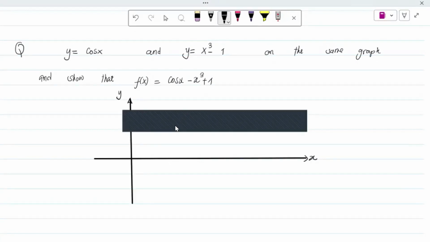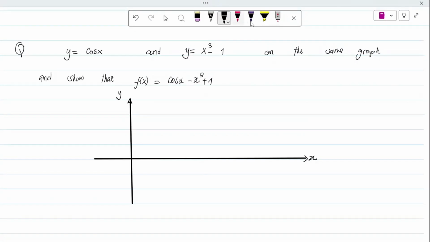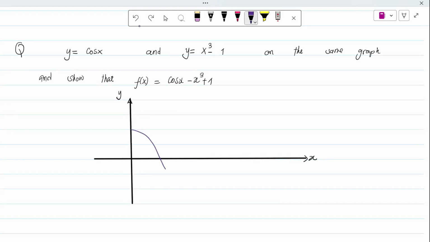I don't know what's going on with my internet. So first I'll sketch cosine of x. Now cosine of x has amplitude of 1, as you can see. So cosine of x starts from here, it is maximum at 0. I'll just sketch for one time period.